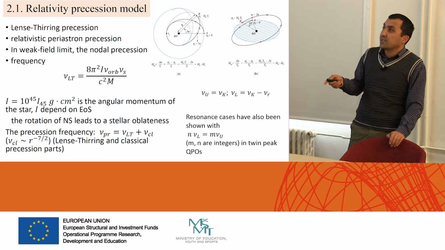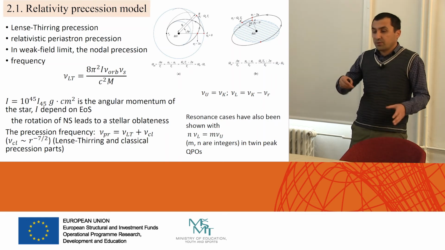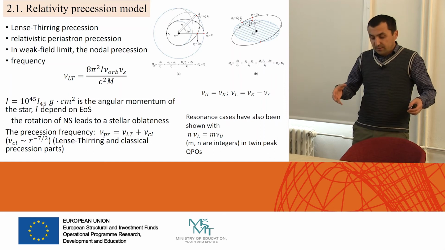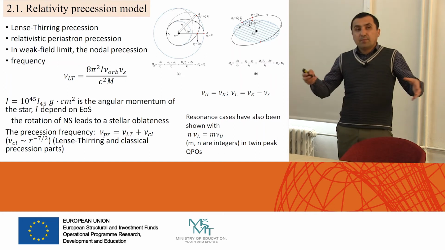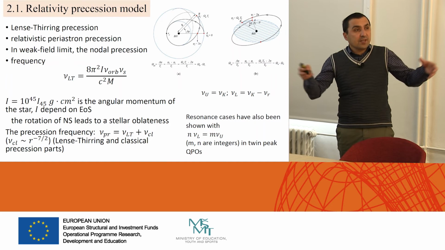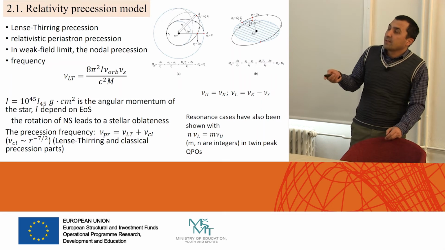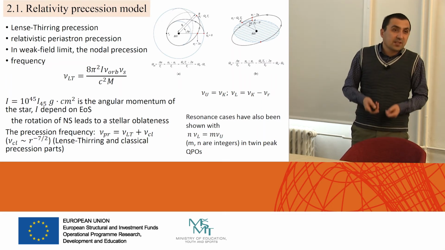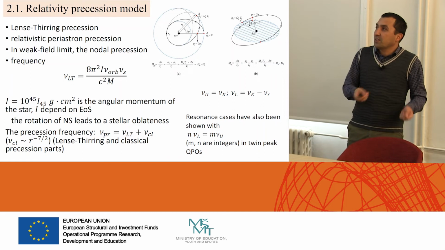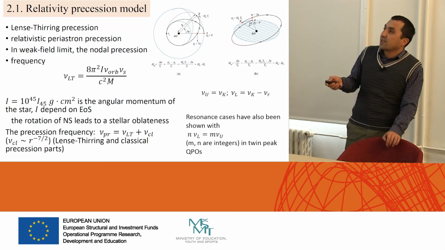in the realistic case, the inertial momentum of the sphere depends on the equation of state, because the equation of state changes the mass of the star and the radius of the star. There are more than 100 equations of state that have been studied by several authors, and we can get some measurements.